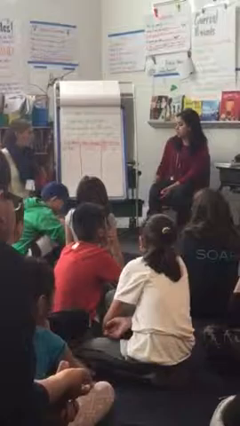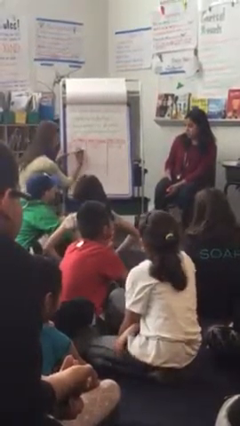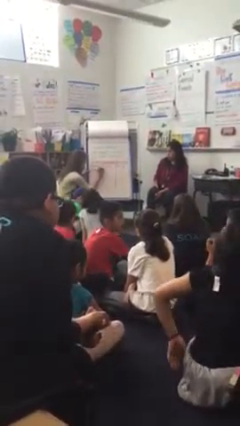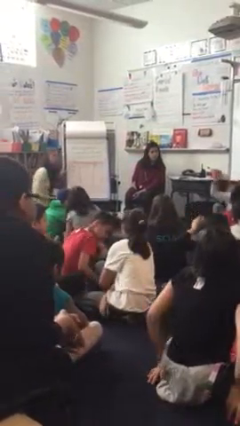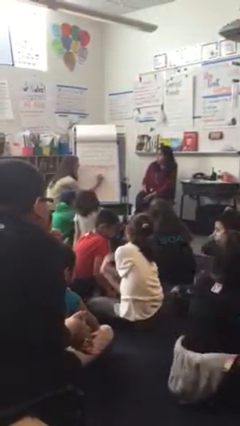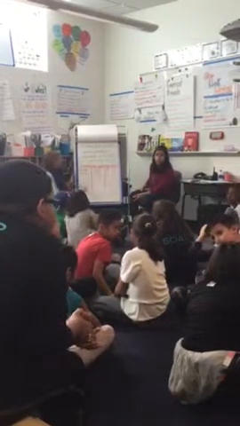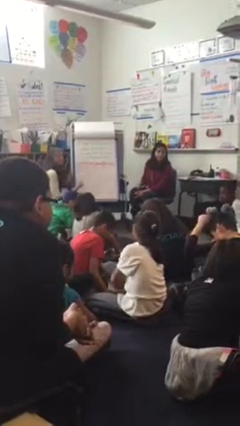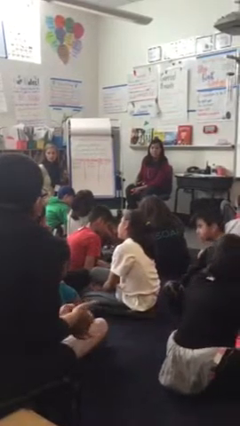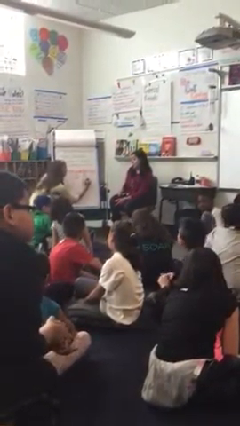Yeah. All right, Aiden, you got us started on a quarter. And how much is a quarter worth? 25 cents. So it'd be 0.25. Yeah, 25 hundredths. Cesar, how could I write this decimal as a fraction? 25.